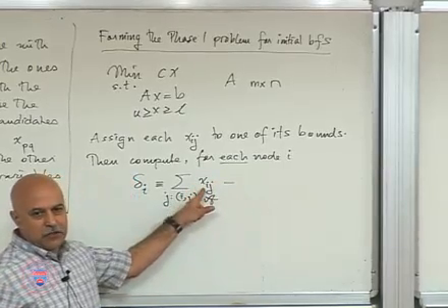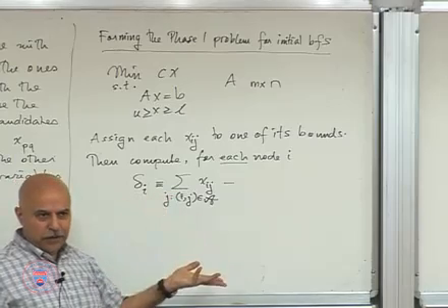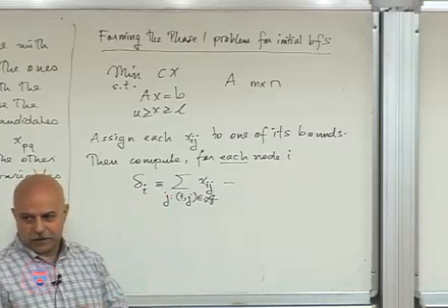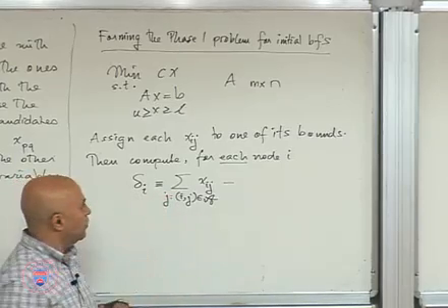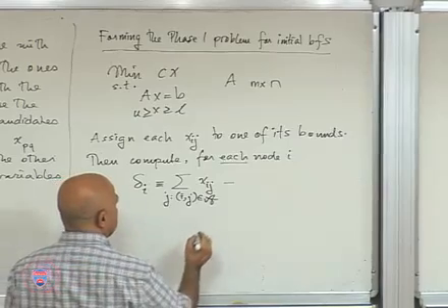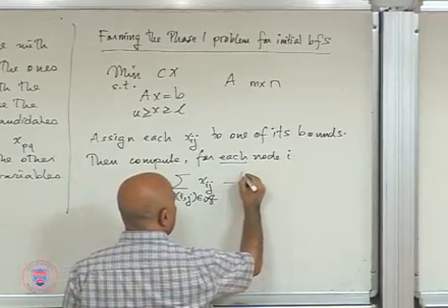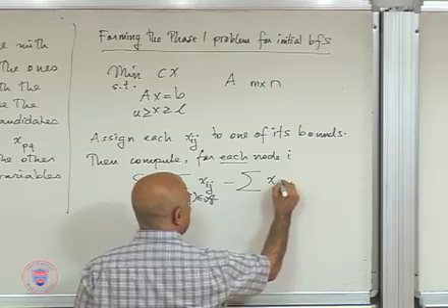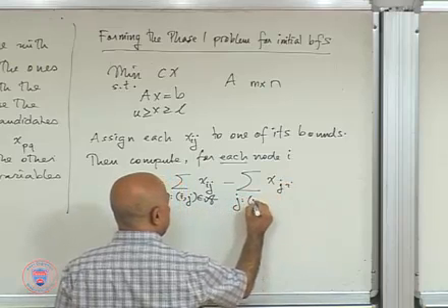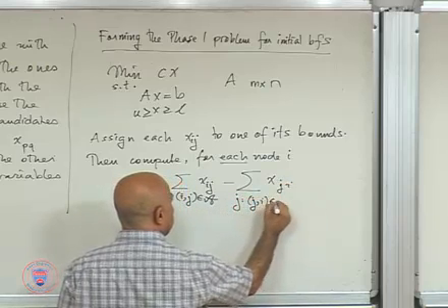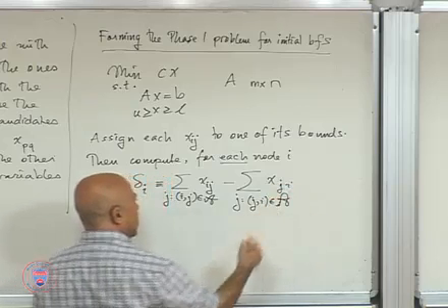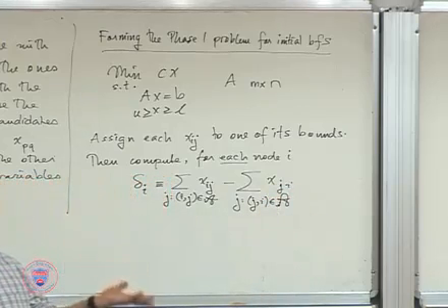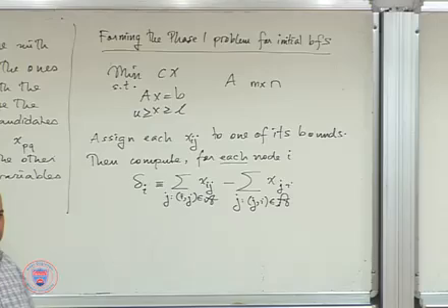What are these xij's? They are either lower bounds or upper bounds, whatever you fix them at. So they are known numbers. Then you have the inflows of those j for which ji is a defined arc. Again, xji are also either lower bounds or upper bounds, depending on how you fix them.